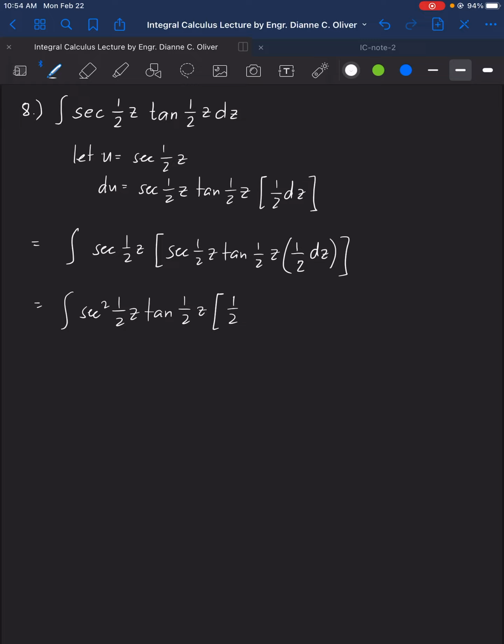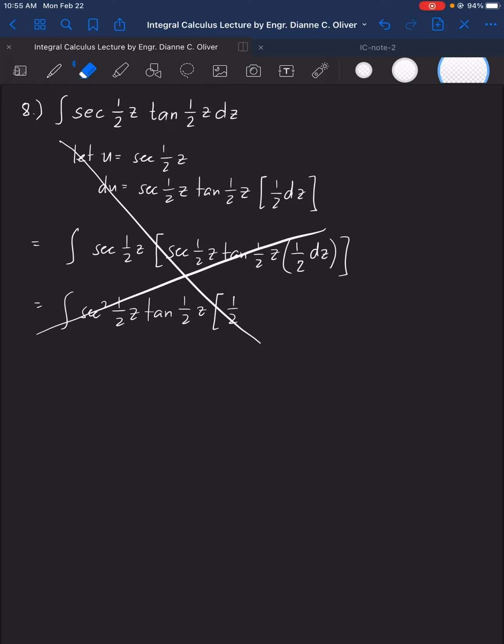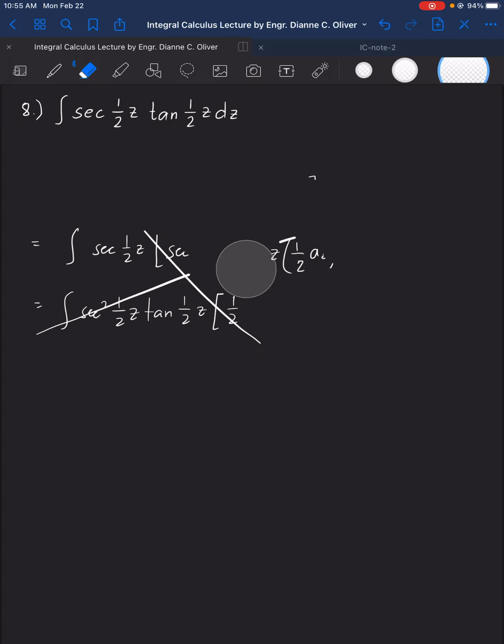Well, we don't have squared of secant in the given, so let's not continue because this is already wrong. So this portion is already wrong. Okay? So again, since we cannot use power formula, let's use the trigonometric functions.